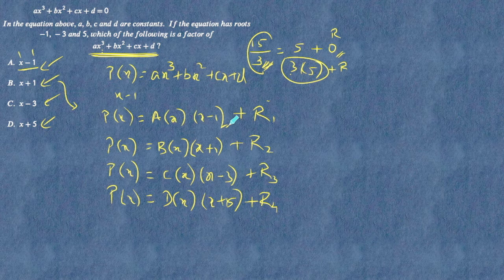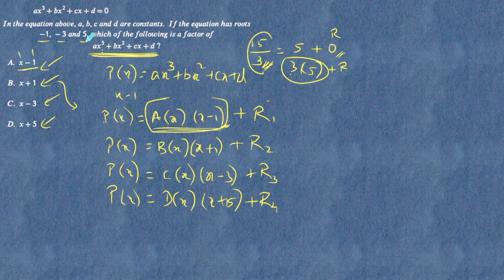We want the whole thing to be 0. That happens when p of x equals 0, and p of x is 0 when x is minus 1, minus 3 or 5.